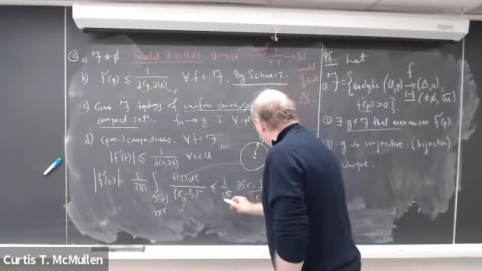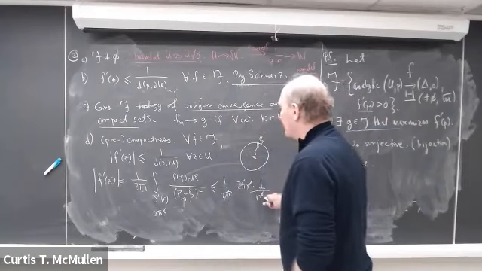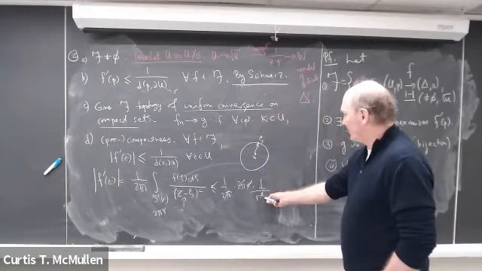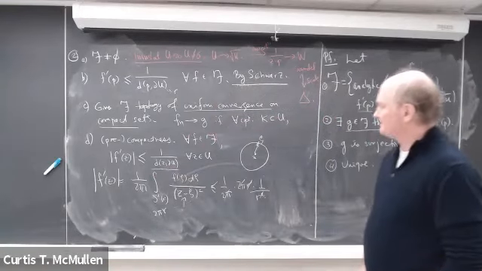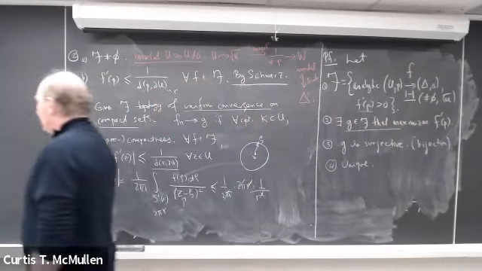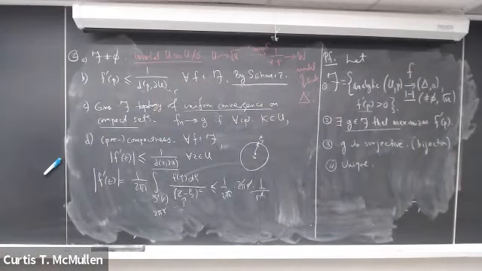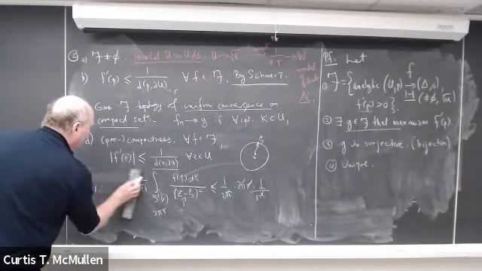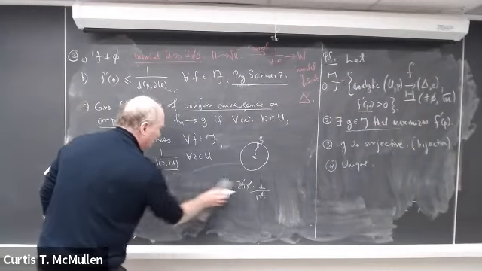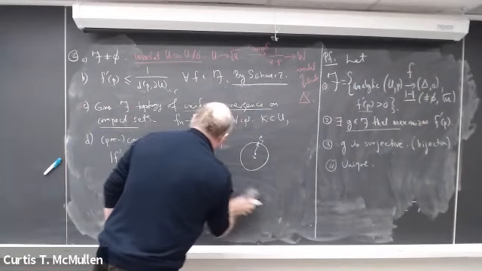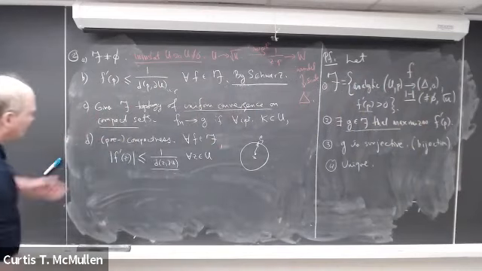And so we cancel out the 2 pi's, we cancel out one r, and we get that F prime is less than or equal to 1 over r. That is, F prime is bounded by the reciprocal of the distance to the boundary. Okay, so that is a typical way of leveraging boundedness to get control over higher order derivatives.